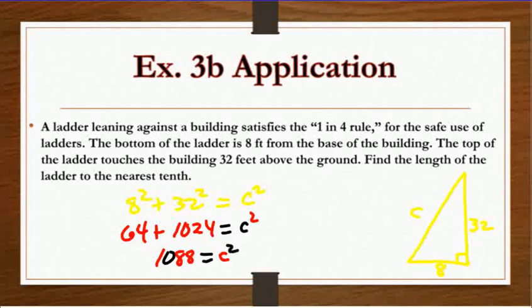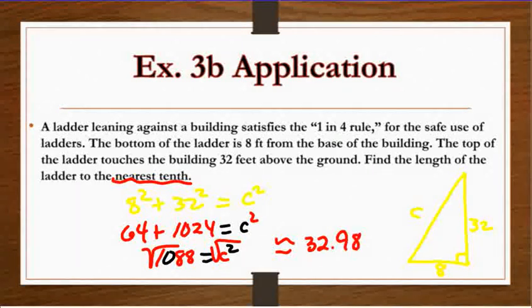It says round to the nearest tenth, so the square root of 1088 gives us approximately 32.98. This 8 tells you to round this 9 up. So we would say about 33.0 feet.